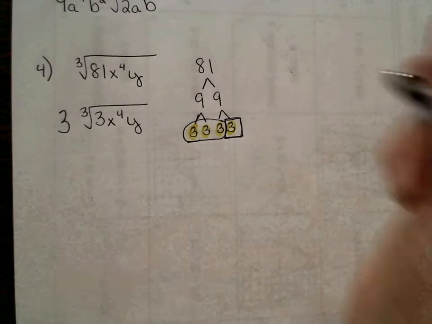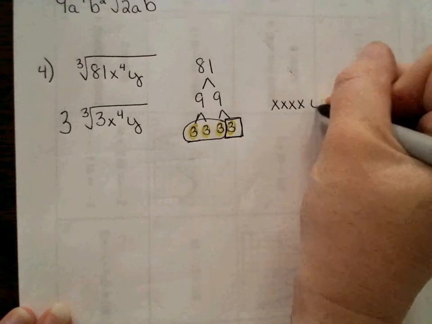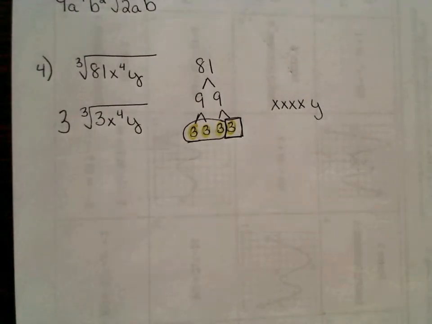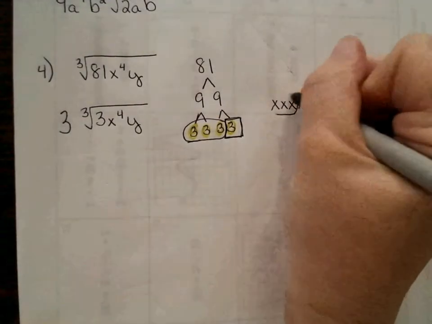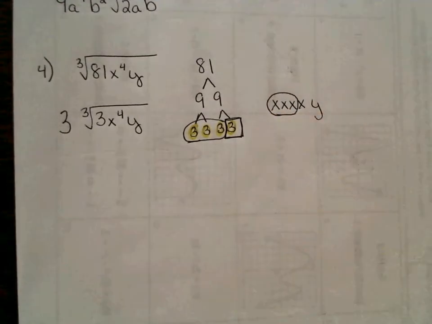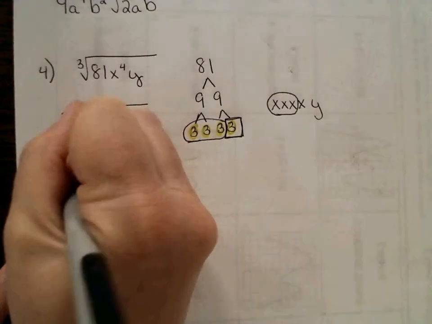Okay, now I have to worry about my variables. So I have how many x's? 4. I have 4 x's, and I have 1 y. Would you do groups of 3 x's? Yes, so I need groups of 3. Why did you put the y together with the x? I just wrote it all together; you could have separated it out. So I can make one group of x's.